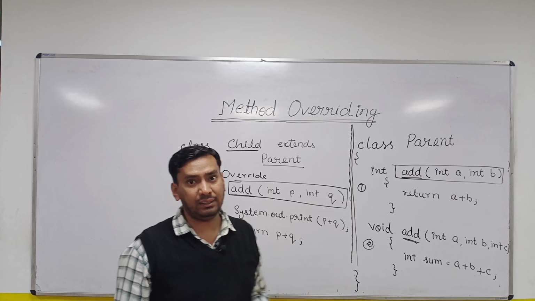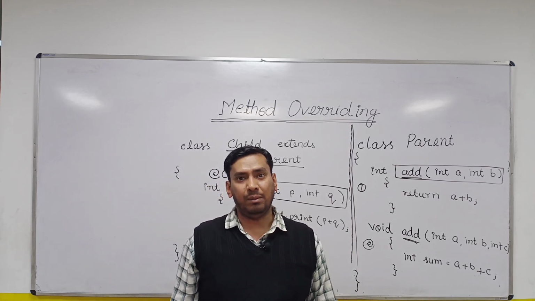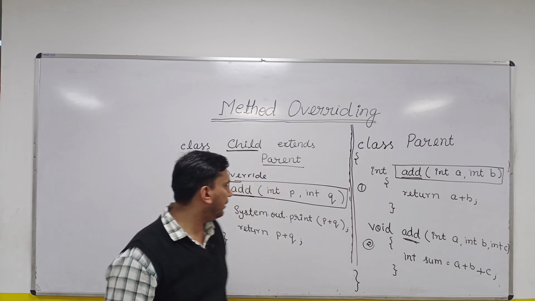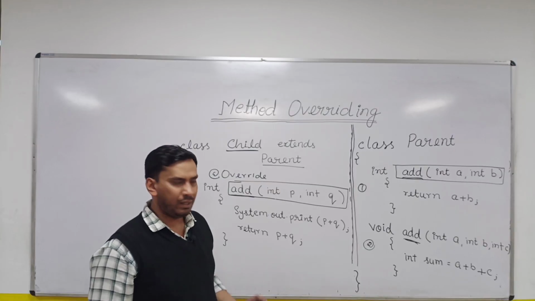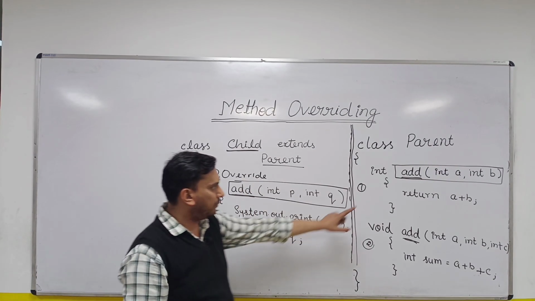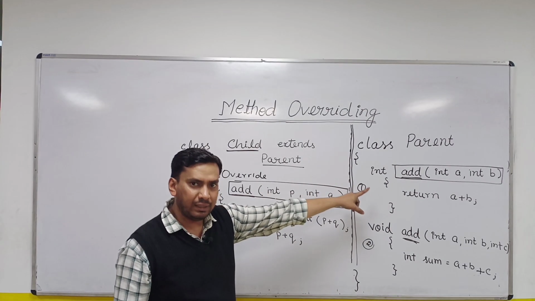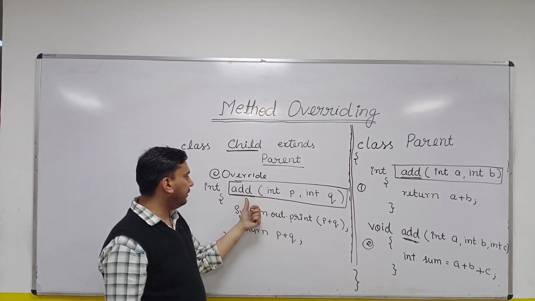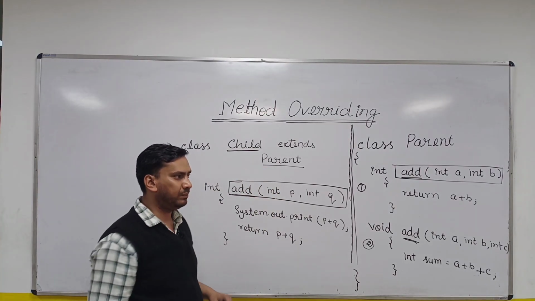Signature is changed only when you change the type of parameter or the number of parameters, right? So it is same name, same signature. This is overriding. This is the basic concept of overriding: I am redefining the parent class method in the child class with the same name and same signature.